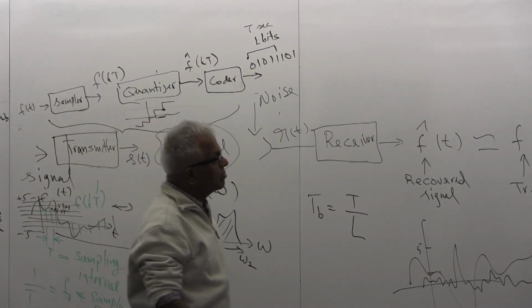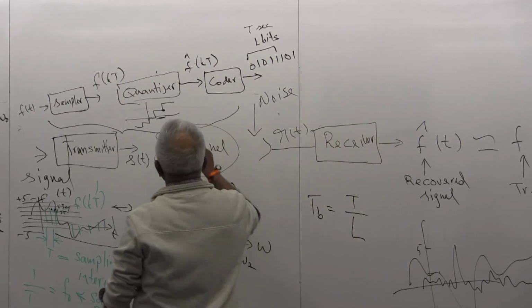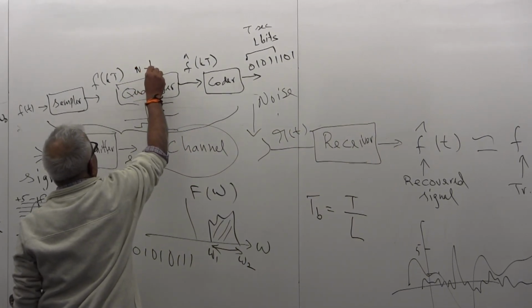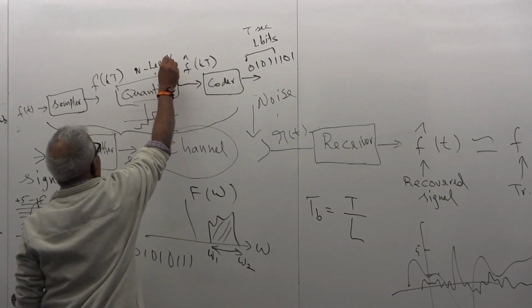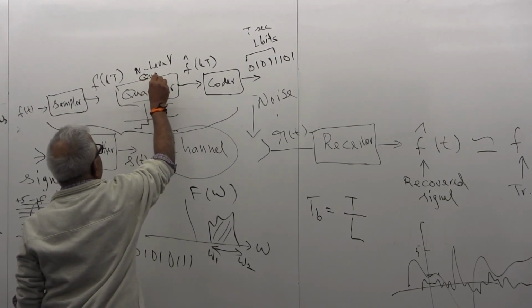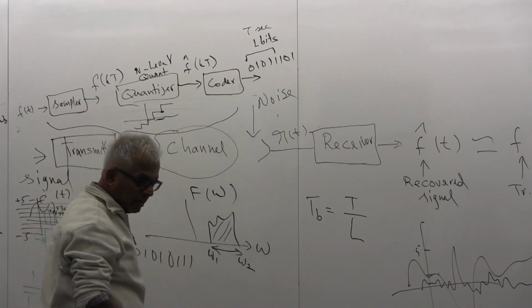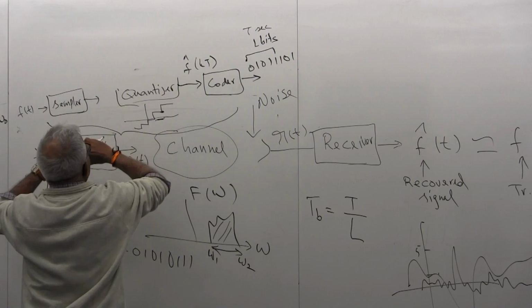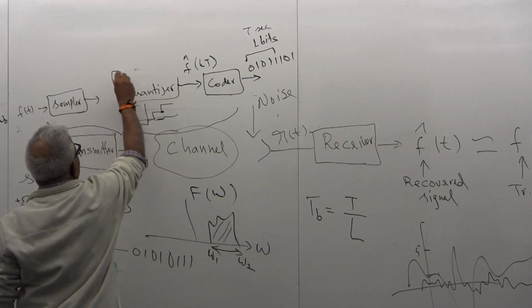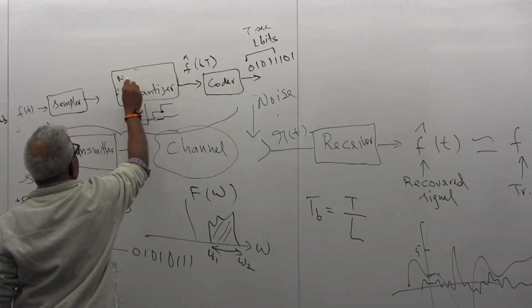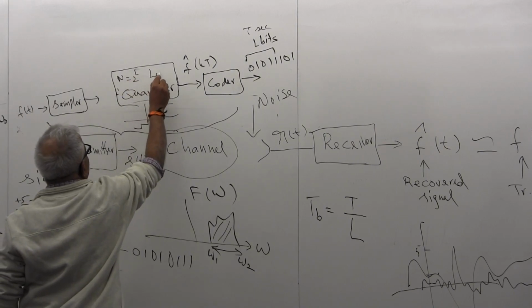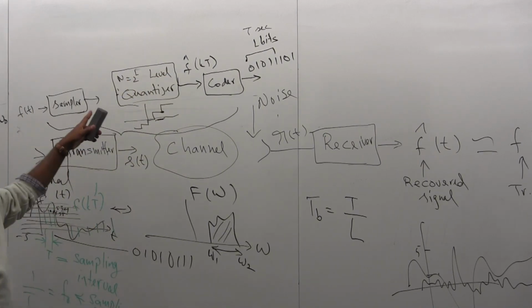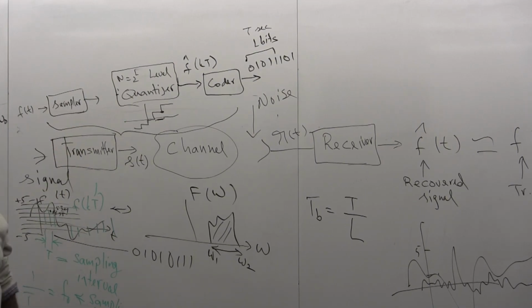So this may be an N-level quantizer. Let me write it a little more neatly. N equal to 2 to the power L levels.